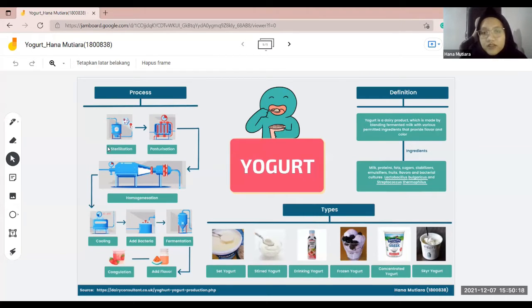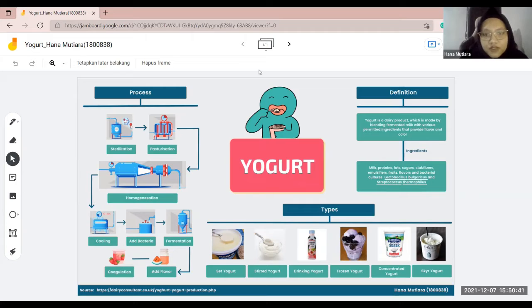So what is sterilization? Before we start the next step, we have to sterilize all the equipment we need to make yogurt. It is done to kill off any unwanted bacteria and other microorganisms. And next is pasteurization.